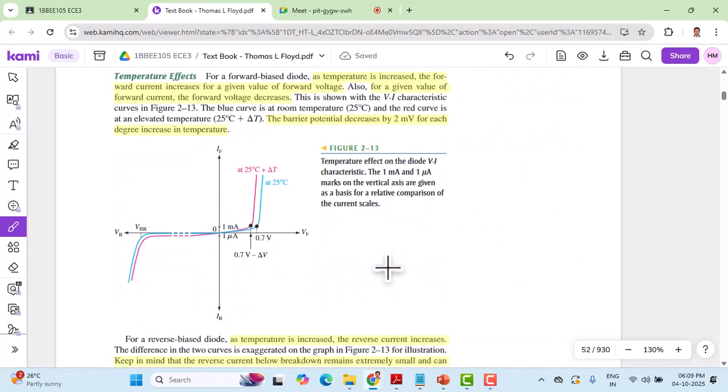Okay. To understand the temperature effect, we have a couple of graphs shown here. What happens to the PN junction when you operate it at higher temperatures with forward bias, and at higher temperature in reverse bias?